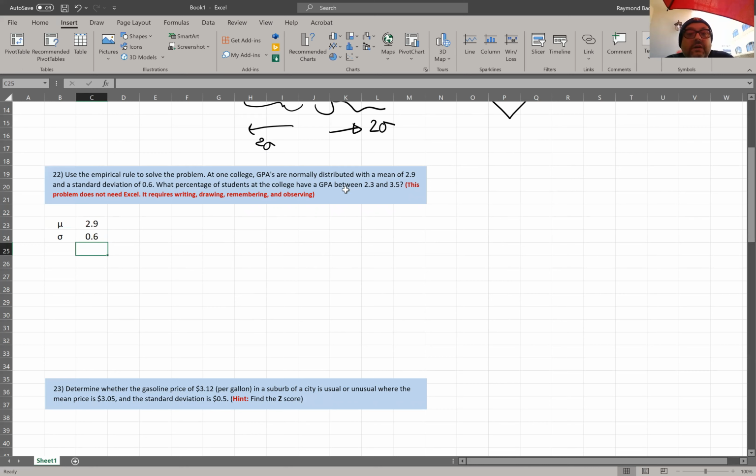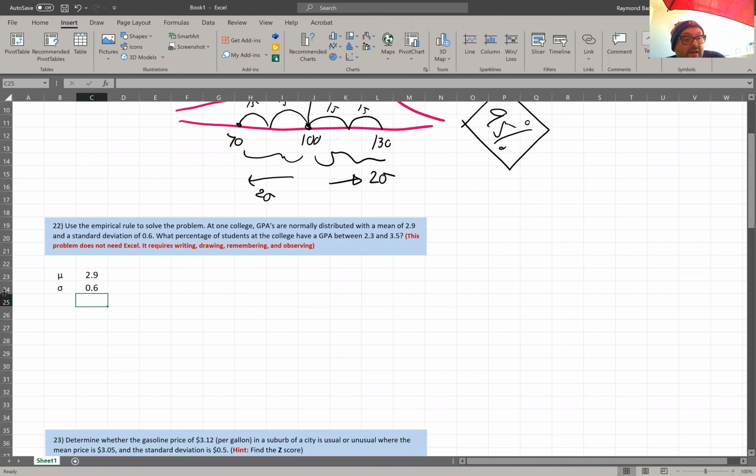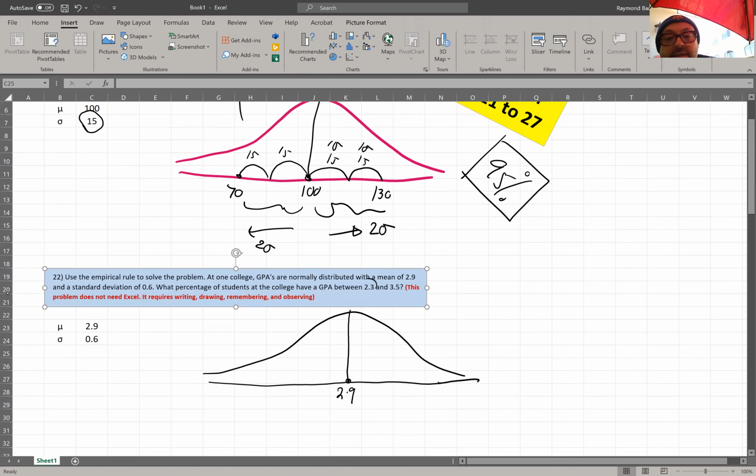And I'm trying to figure out what percentage is between 2.3 and 3.5, which means, again, what you need to figure out is, if you draw the normal distribution, I know the average is 2.9, so it's right in the middle. So again, the question is, how many standard deviations are 2.3 and 3.5 away from 2.9? Now, mind you, each standard deviation is 0.6 units.